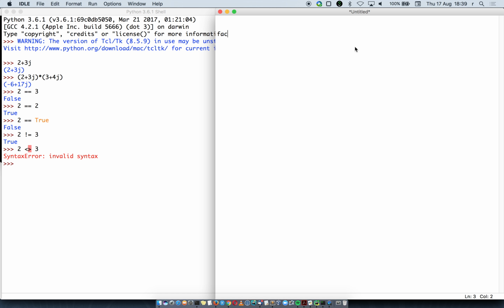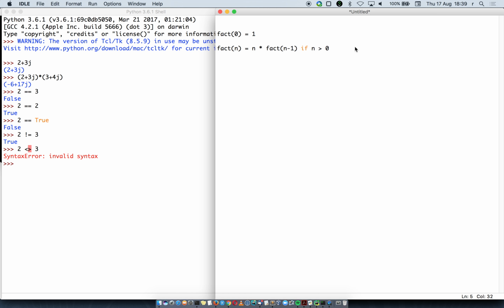Factorial of 0 equals 1, by definition, by convention. And then factorial of n is n times factorial of n minus 1 if n is greater than 0. And it is not defined for negative numbers.